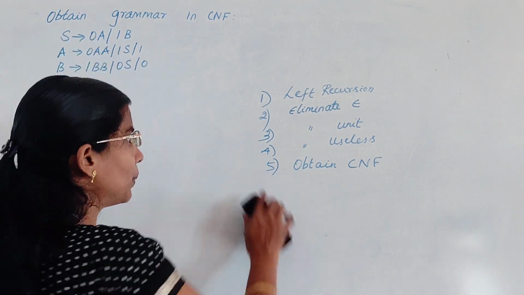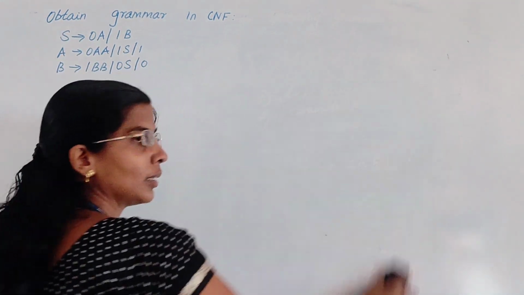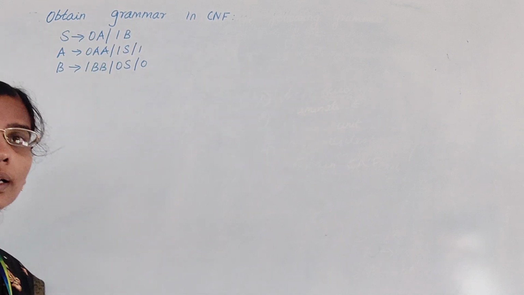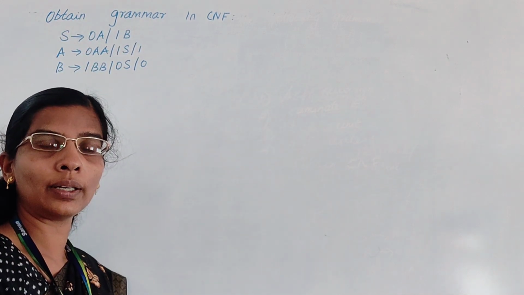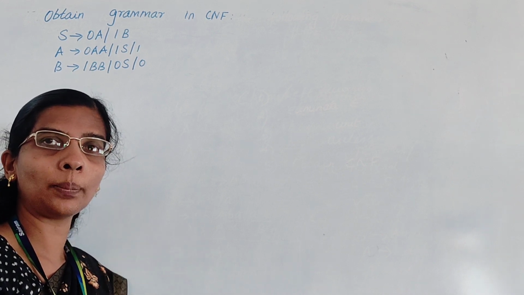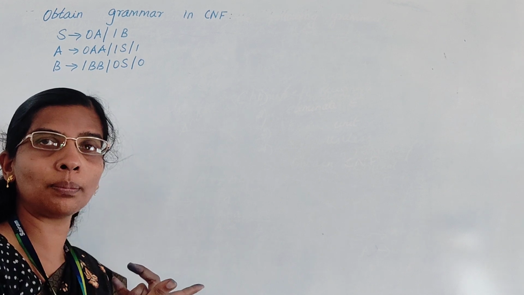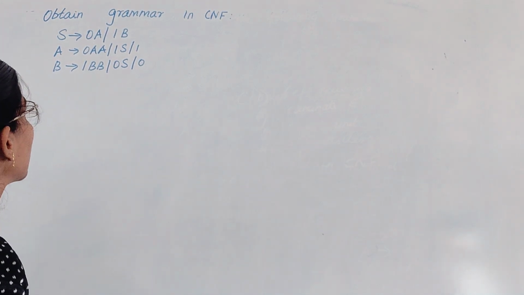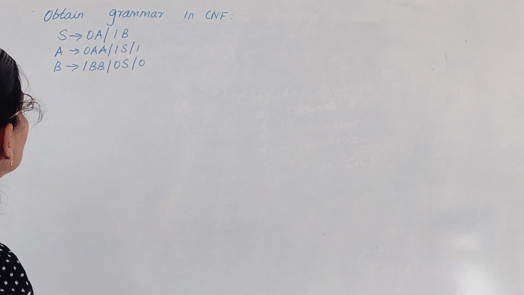We can see an example. See this question: obtain grammar in CNF. You know how to identify whether the grammar has left recursion or not. If the LHS non-terminal is the first symbol of your RHS, the grammar has left recursion.